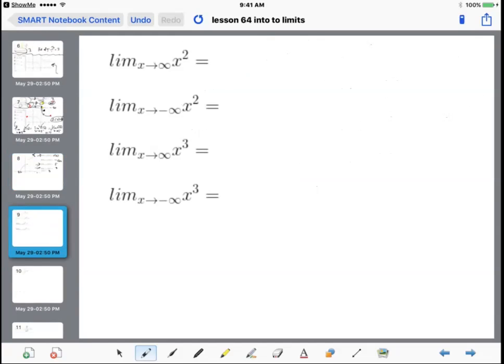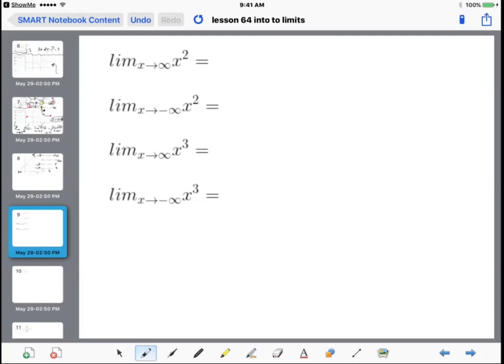Now, the rest of this lesson is about what if we don't know the graph? Because this whole limit concept exists whether or not anyone ever thought that you could graph stuff.